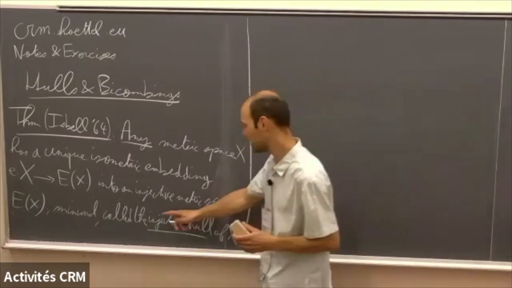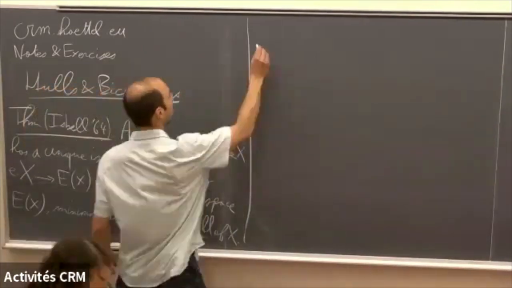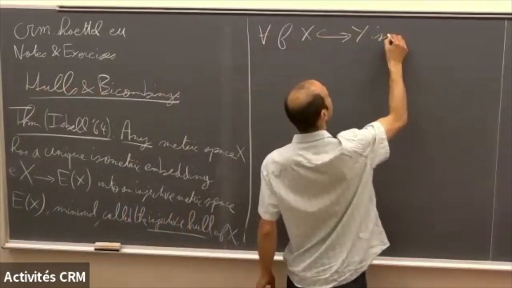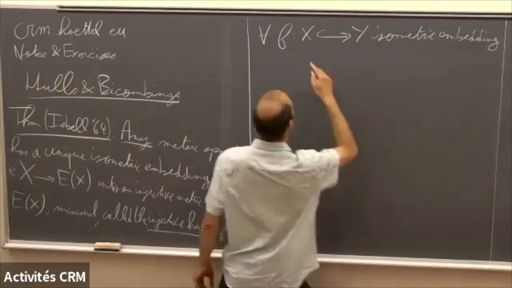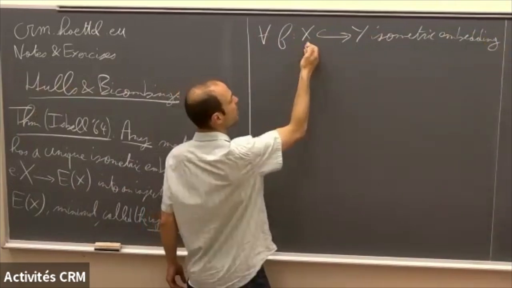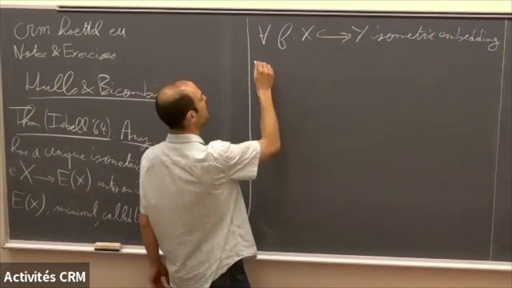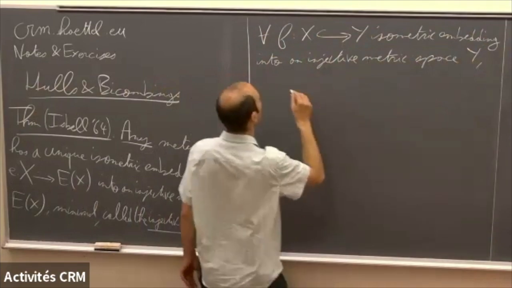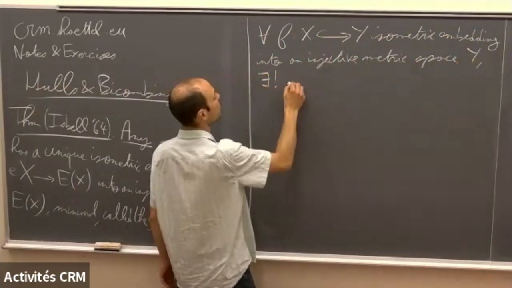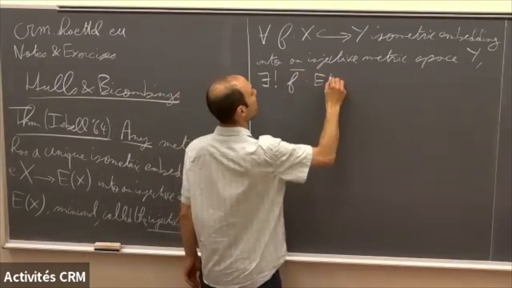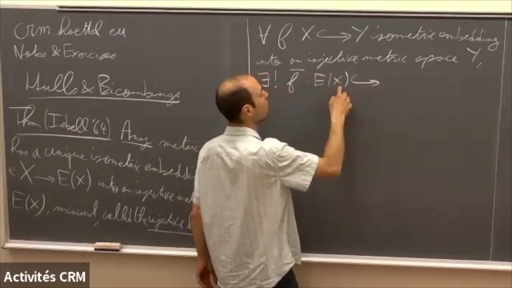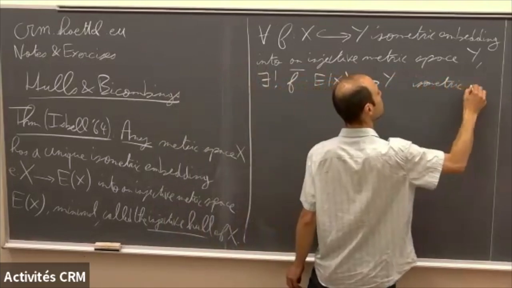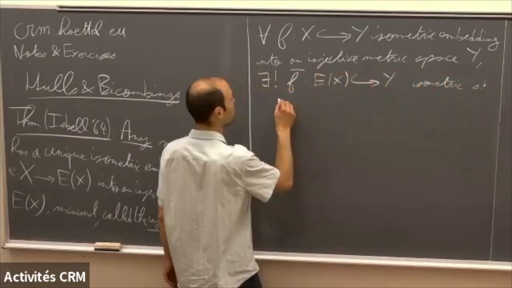So what does it mean that it's minimal? It means that for any isometric embedding f of an arbitrary metric space X into an injective metric space Y, there is a unique extension f bar from the injective hull of X into Y, an isometric embedding, such that the diagram commutes.